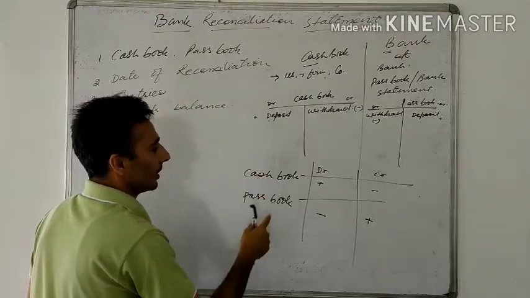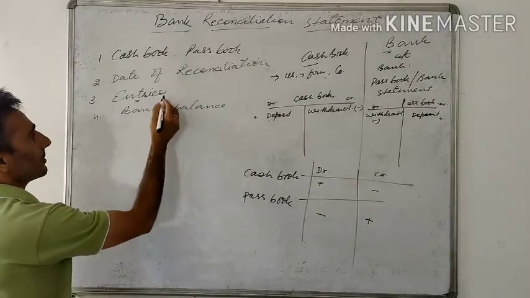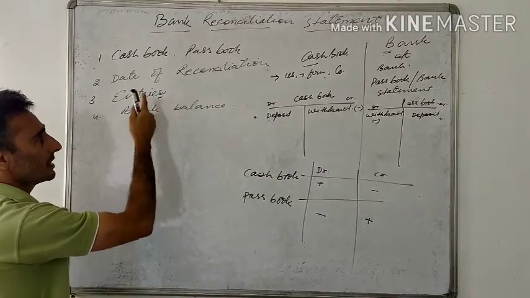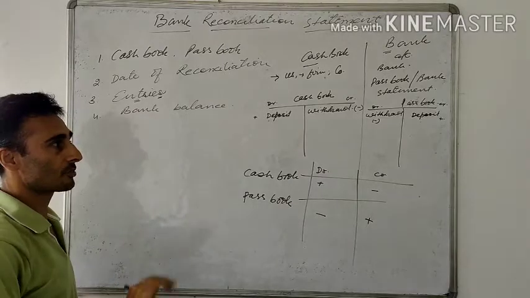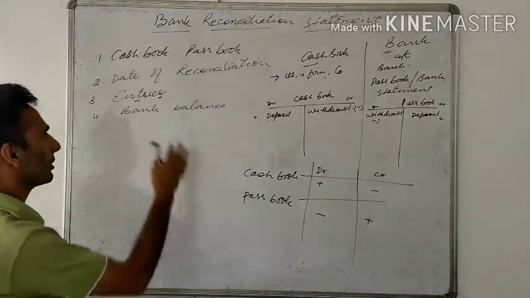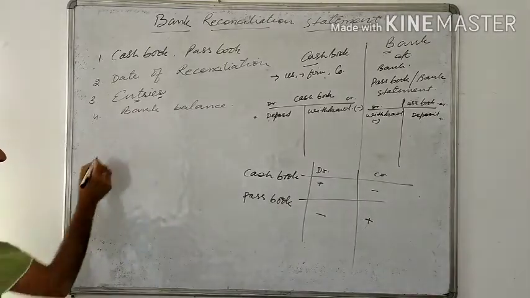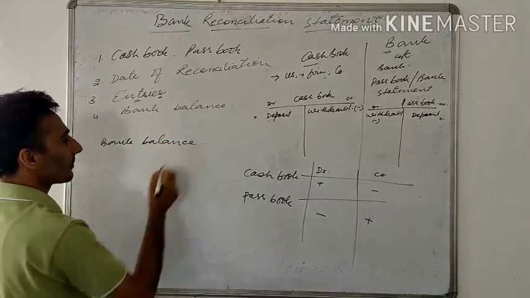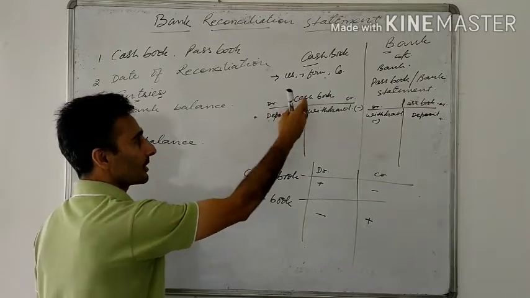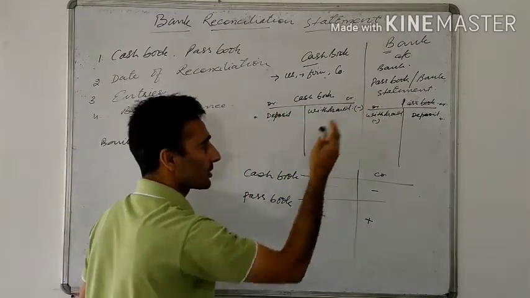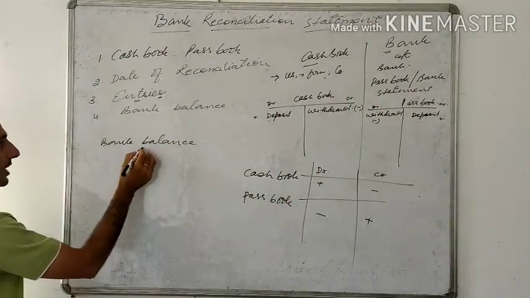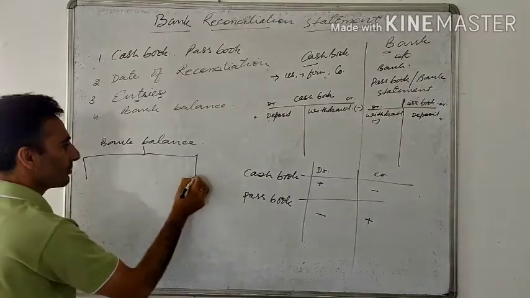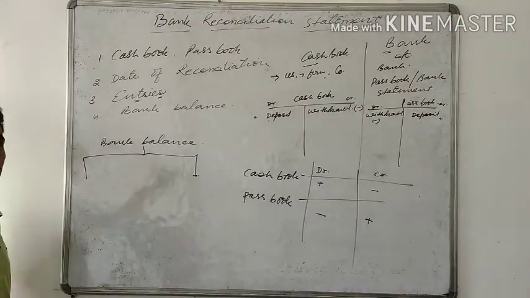Now, this is about how the entries are recorded in the cash book and in the passbook. Now coming to the bank balance. When we talk about bank balance as per the cash book or bank balance as per the passbook, it is the same thing. Bank balance can be of two kinds.